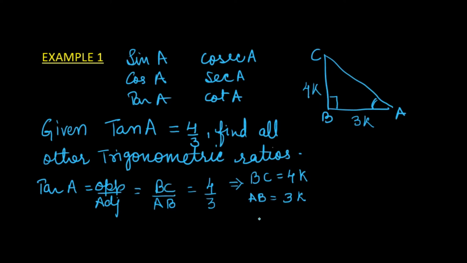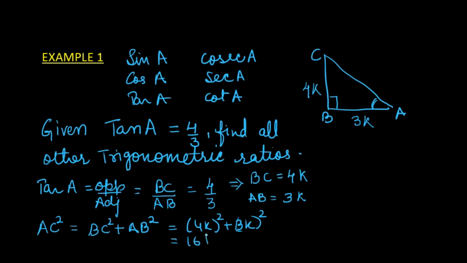We know the two legs of the right angle triangle. Let us apply the Pythagoras theorem. Pythagoras theorem says that square of the hypotenuse is equal to sum of the squares of the two legs of the right angle triangle. So AC square is equal to 4K whole square plus 3K whole square, which is 16K square plus 9K square, which is 25K square.